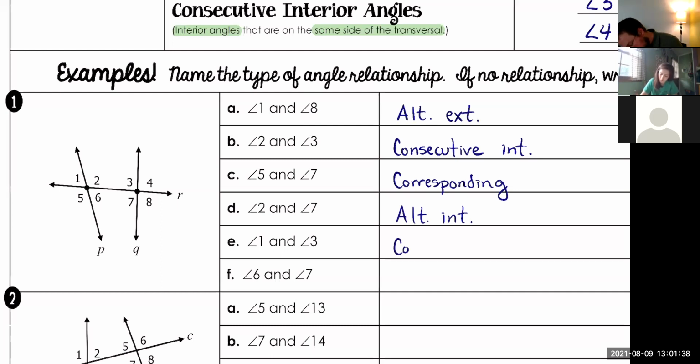Corresponding. They're on the same side, opening in the same general direction. What about 6 and 7? Consecutive interior. Same side of the transversal, both interior angles. So consecutive interior.